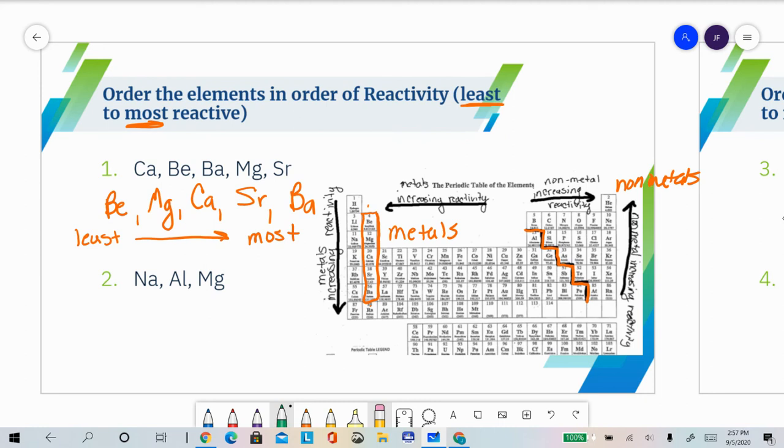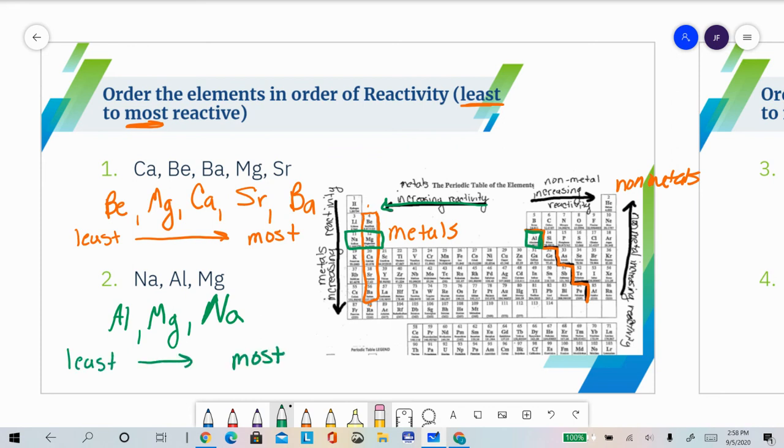So our next one is sodium, aluminum, and magnesium. Again, we have to ask, are they metals or nonmetals? Well, they are metals, so we have to follow these arrows here. And so our least reactive is going to be aluminum, and then magnesium, and then sodium. So this is least to most reactive.